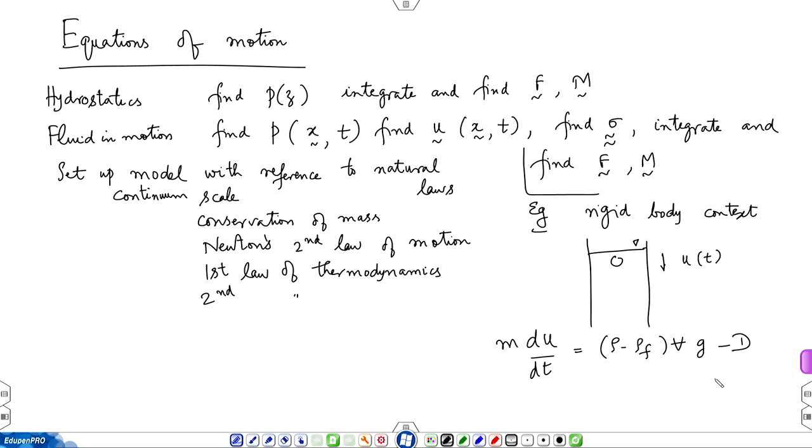Even if you start with, let us say, a vessel containing water and you drain it, the particles are identifiable at time t equal to 0, but later on they are everywhere, it is just flowing. So, these particles are not identifiable, which is a source of difficulty in applying natural laws to fluid systems.